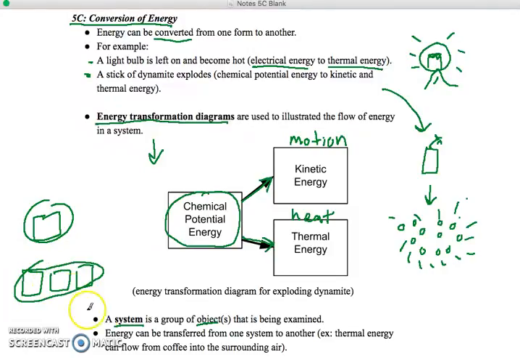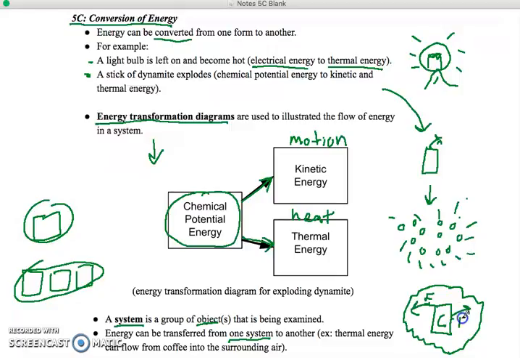It's important to keep in mind that energy can be transferred from one system to another. For example, a coffee cup has thermal energy, and some of that thermal energy might flow out of the coffee and into the surrounding air. In that case, you'd have a transfer of energy.